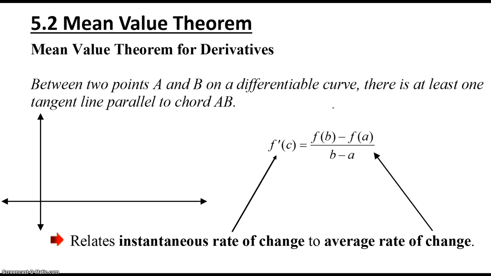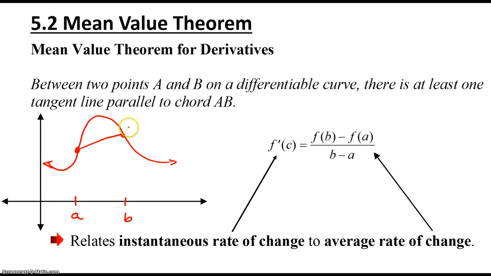So let's first look at the visual. If I look at some graph, something like that, okay? And let's just pick 2 points here and here, call those A and B. So it's saying there's a point where the tangent slope is parallel to this chord.